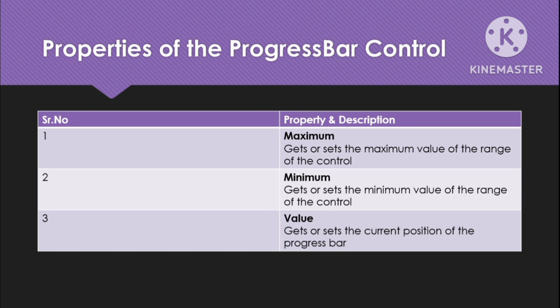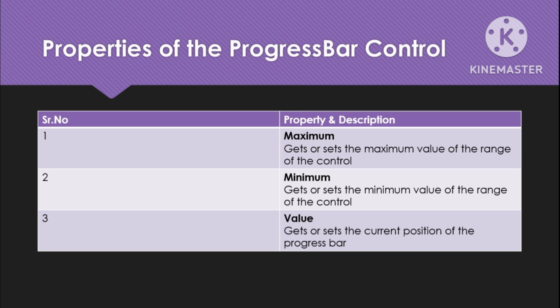There are three important properties: maximum, minimum, and value. Maximum is the limit up to which the task goes. For example, if the task, such as copying, starts from zero and has to have a limited range, we can set it as 100. So the maximum will be 100 and the minimum will be 0.